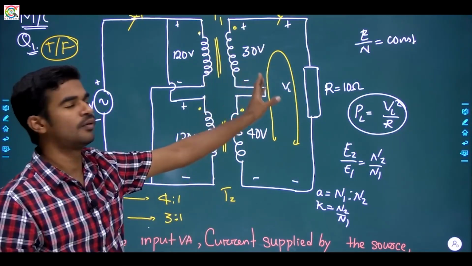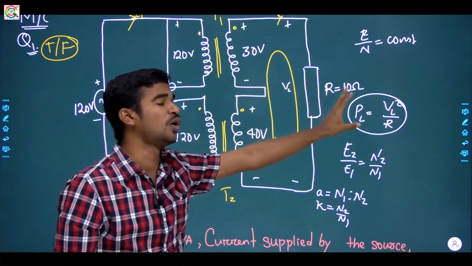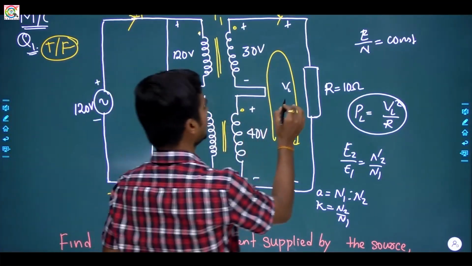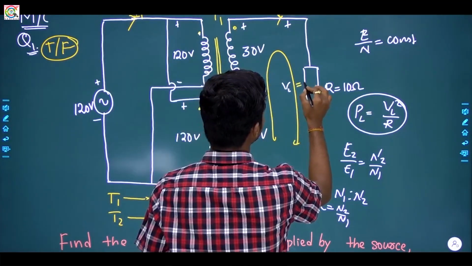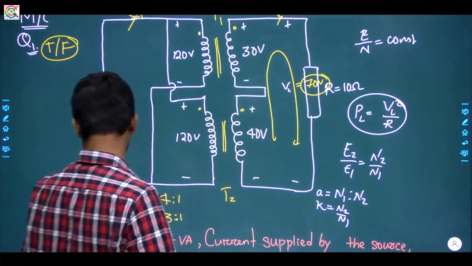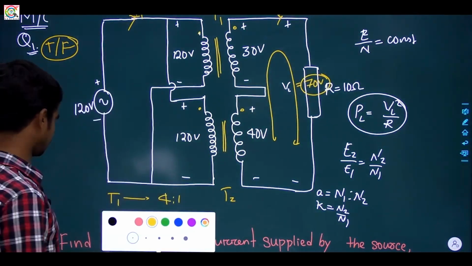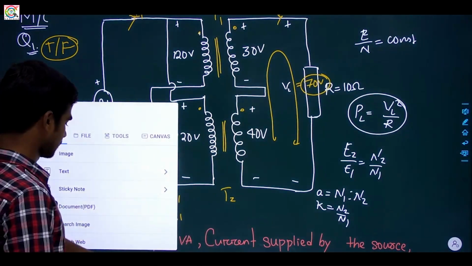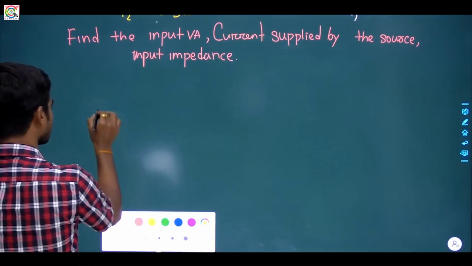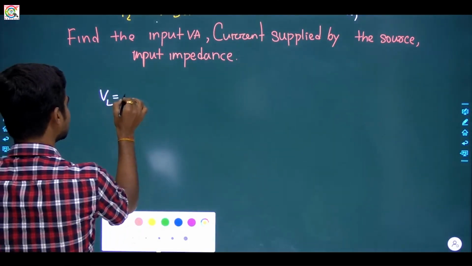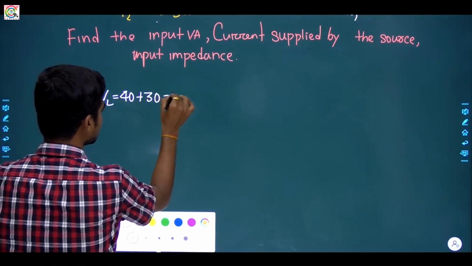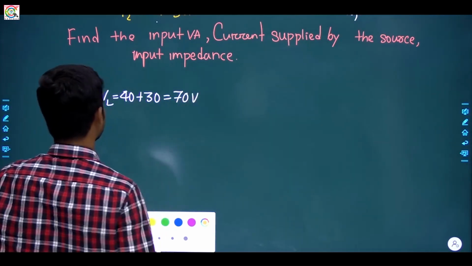So the net voltage across the load will be 70 volt. So let me write here: VL is equal to 40 plus 30 is equal to 70 volt.